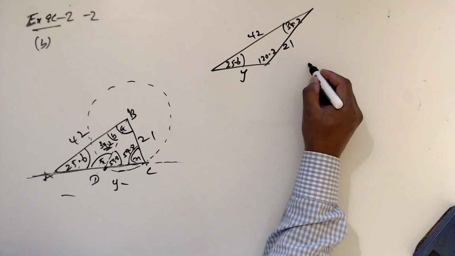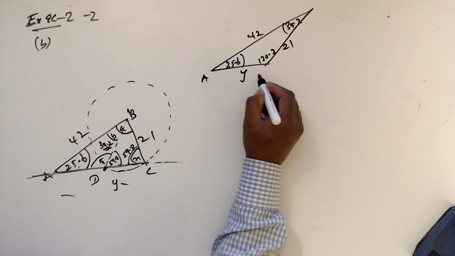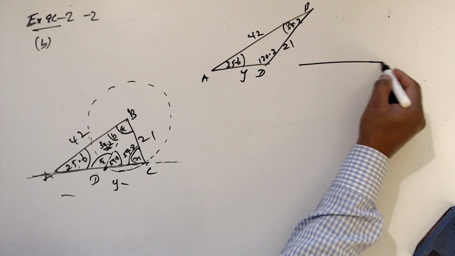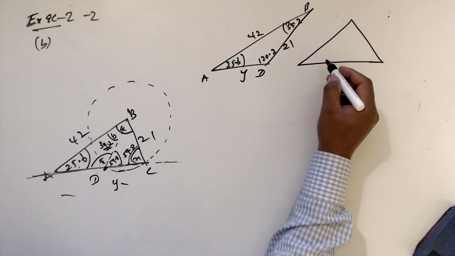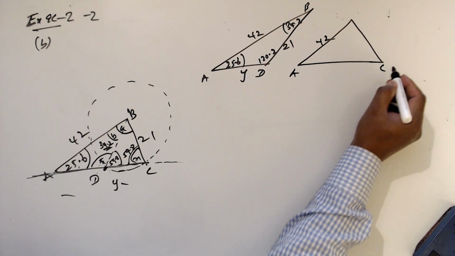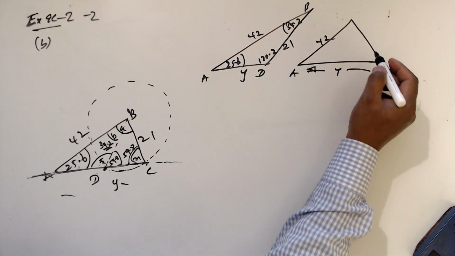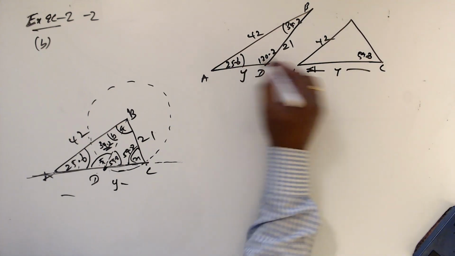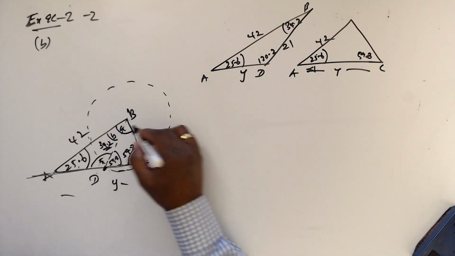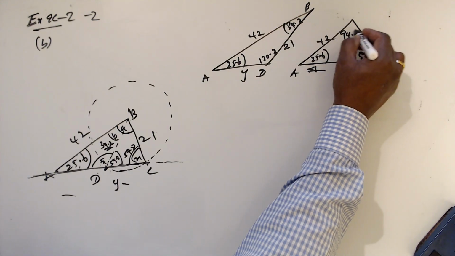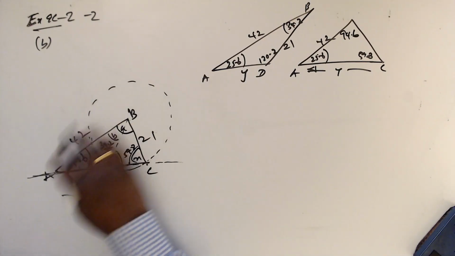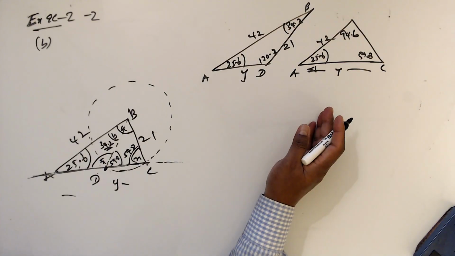This is one triangle, A, D, B. The other one has 42, this is A, and this is C, and this is Y, and this is 59.8, again 25.6, and this is going to be capital E. This is 90.46. So I break this sum into two sums, because those are the two options we have.